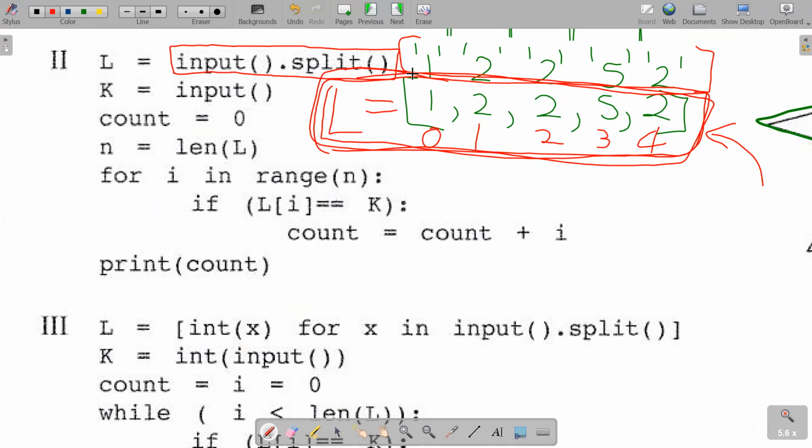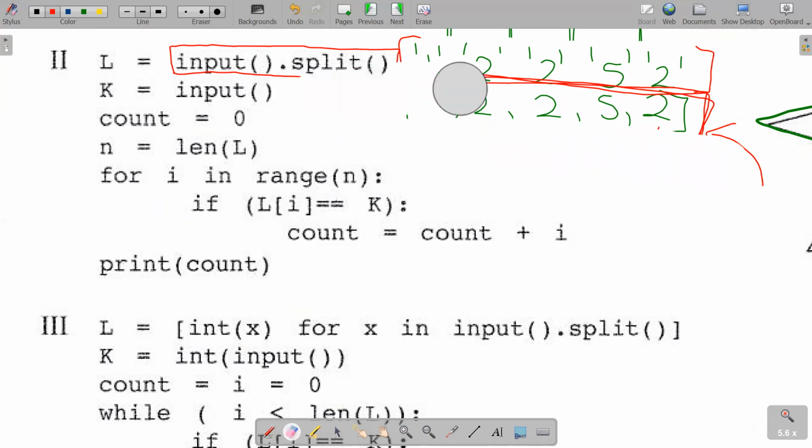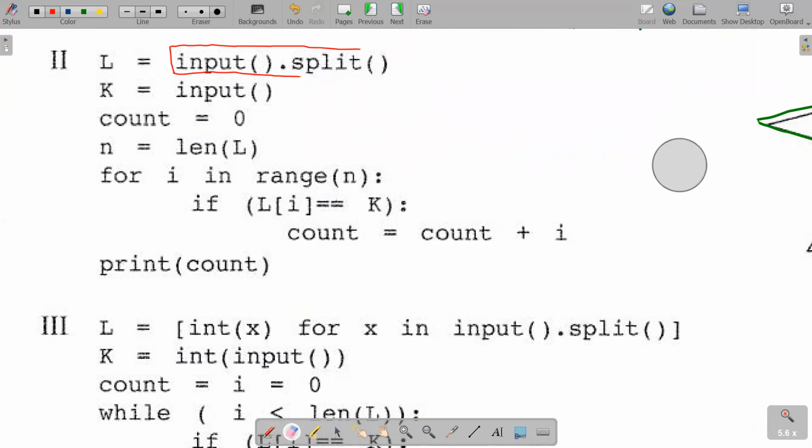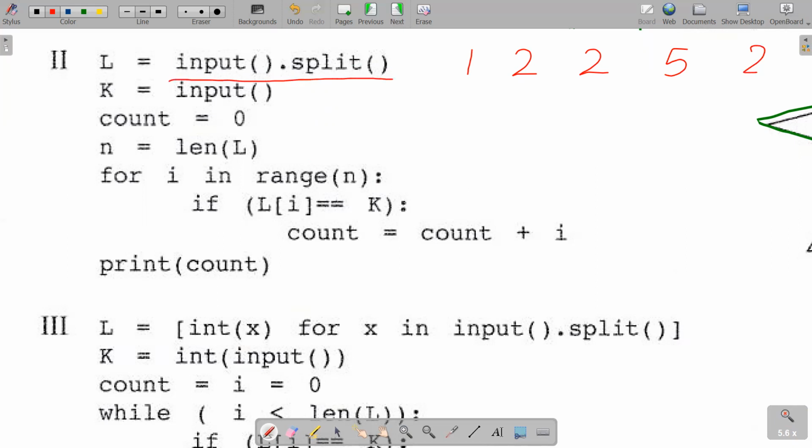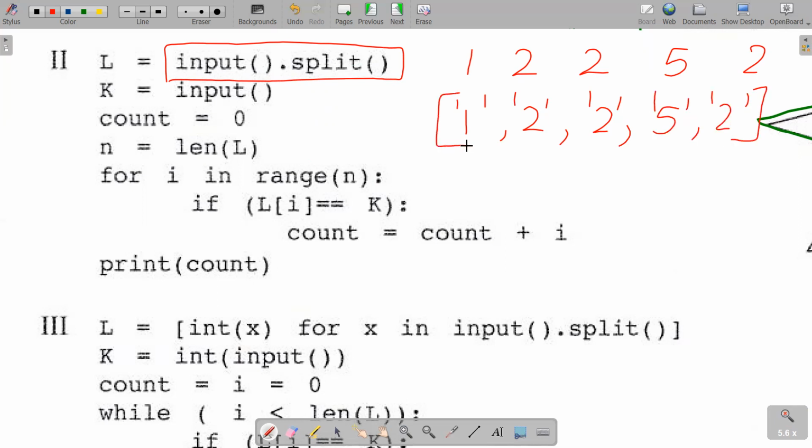So in the second flow chart, in the second code, what is happening is if you input 1 2 2 5 2, this code is going to provide you something like this: '1', '2', '2', '5', '2'. L is going to be a list of strings, not numbers, right?